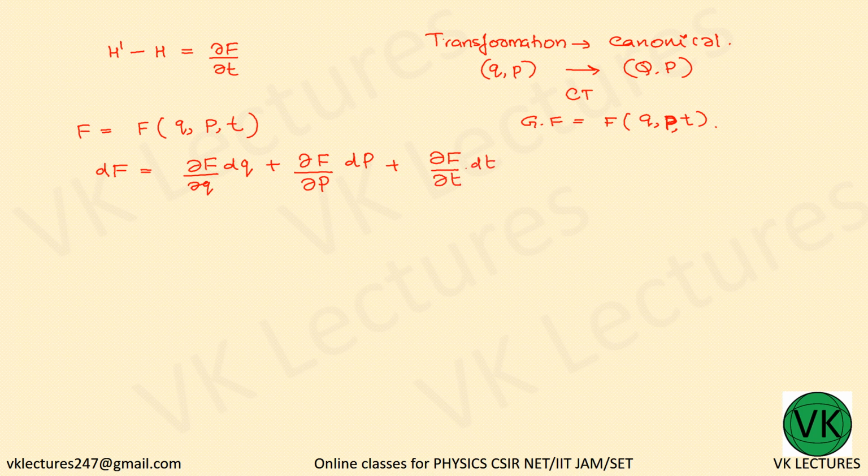Now I'm just dividing by dt, so we get this equation, which we can rewrite as ∂F/∂q times q dot plus ∂F/∂P times P dot plus ∂F/∂t.